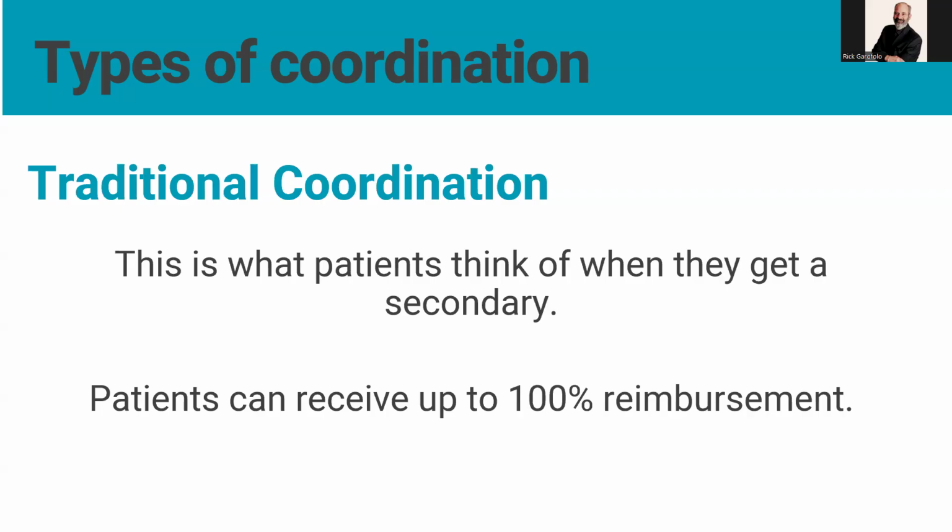That is traditional coordination. Patients can receive up to 100% reimbursement. So, again, primary pays 50, secondary pays 50, 50 plus 50 is 100%, and the patient has absolutely no out of pocket.